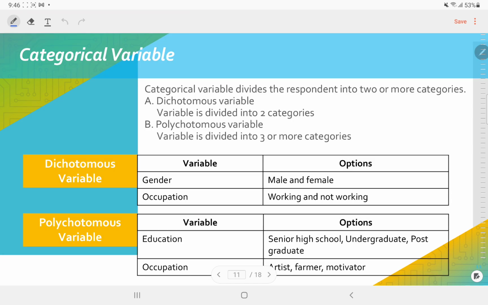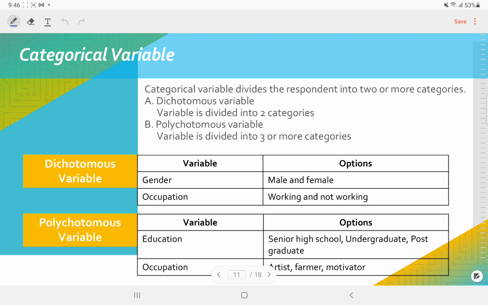Here, before we go on to the next ones, here's a concept that will help you understand more details about the variables. Here, we will have the dichotomous variable and also the polychotomous variables.